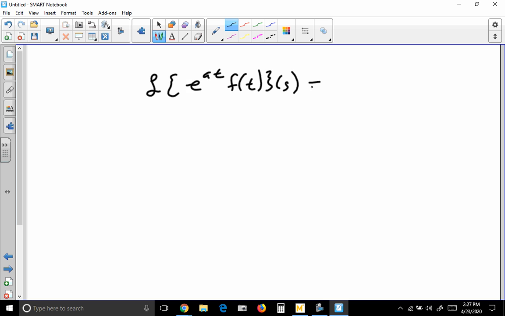All the e to the at does to this transformation is, if we know how to transform f, so the transform of f would normally be f of s, this just slides it over. So instead of having f of s, it's f of s minus whatever that exponent is. In the transform that we originally had, everywhere there's an s, replace it with s minus a.